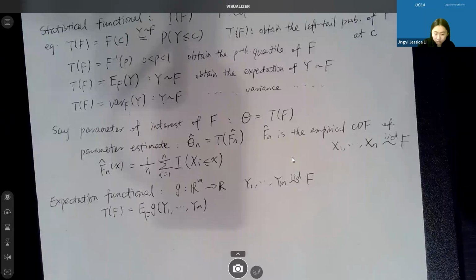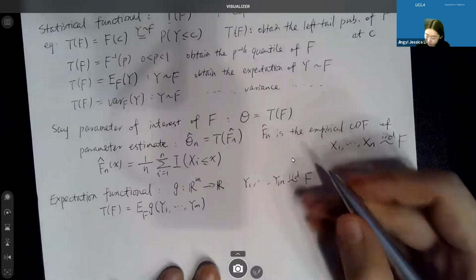Okay, so one question we wonder is, is this g function symmetric? Which means that if I permute its arguments, does the g function have the same value? Actually, not necessarily, because this g function could be any function. So let me just give you one example.